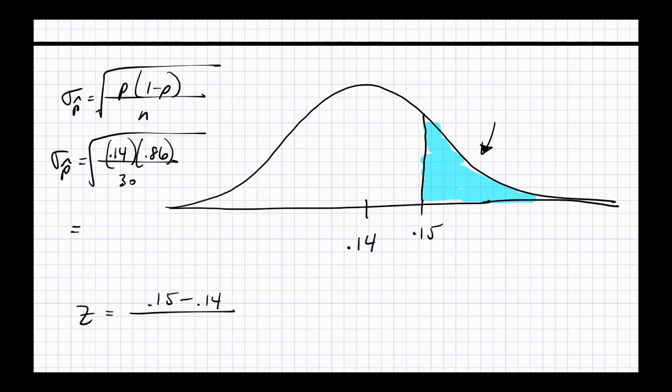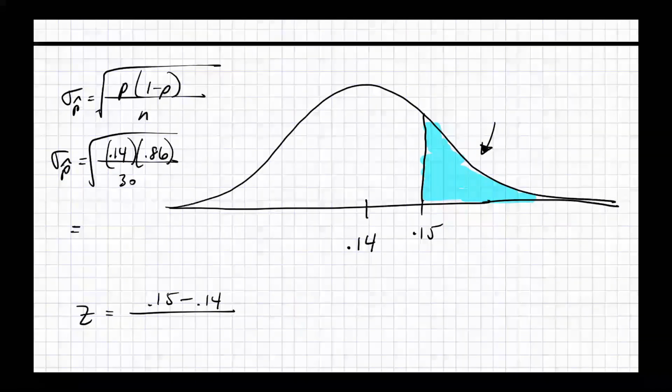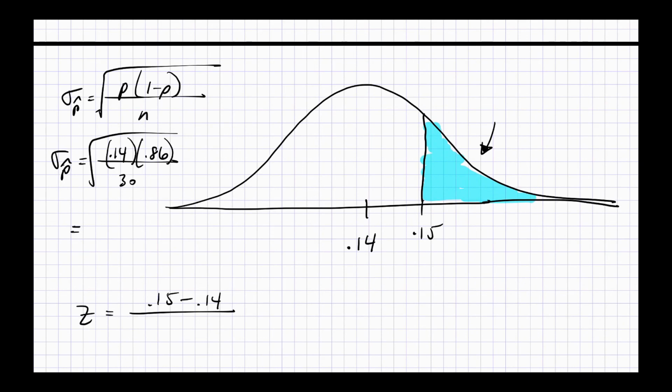Multiply, divide, square root. 0.0200. Anybody disagree? Good. Since it's 2 zeros, we'll just cut 1 zero off. That number is going to go at the bottom.